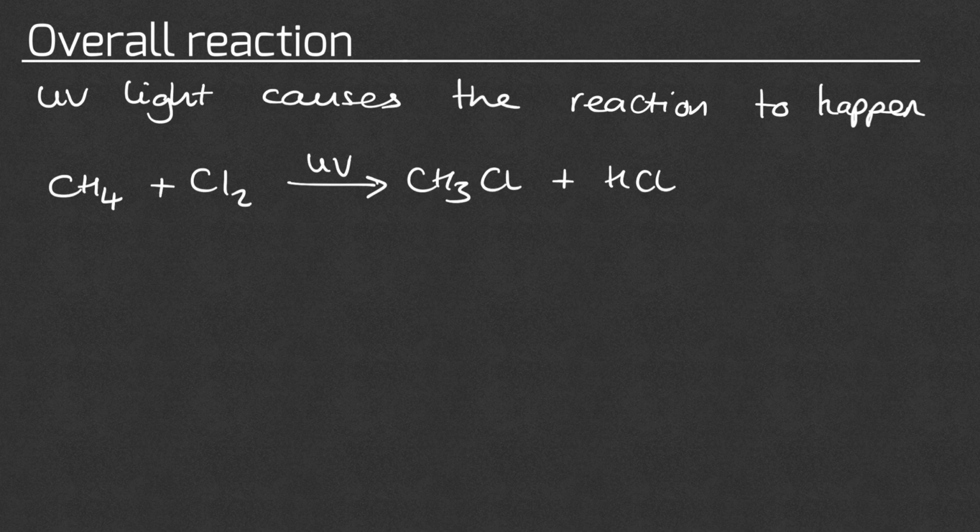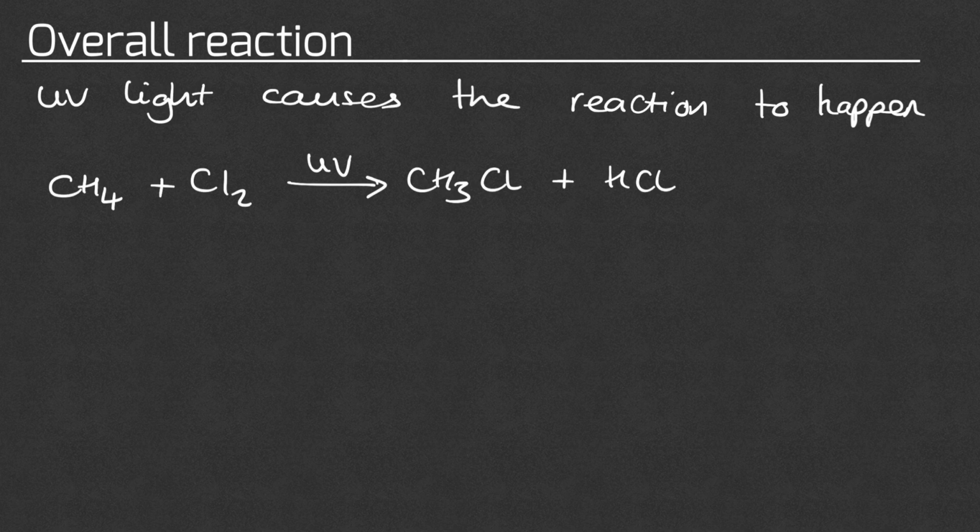The overall equation for this process involves an alkane reacting with a molecule of halogen, so in this case, for example, Cl2, with UV light. The UV light is essentially a catalyst, it's not an actual chemical substance, so it is written over the arrow. This will substitute one of the hydrogens on the hydrocarbon for one of the halogen atoms, and then leaving that hydrogen attached to that halogen.